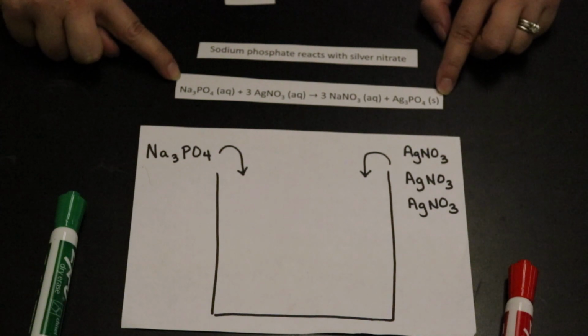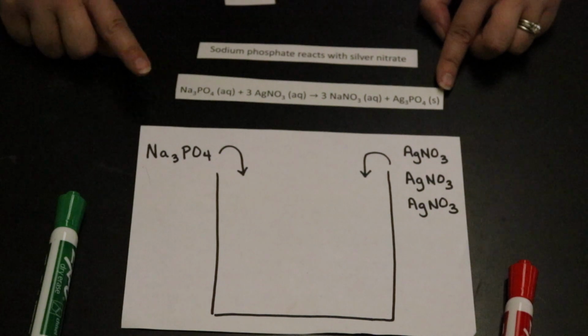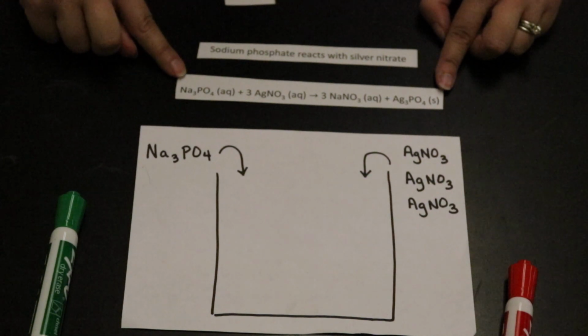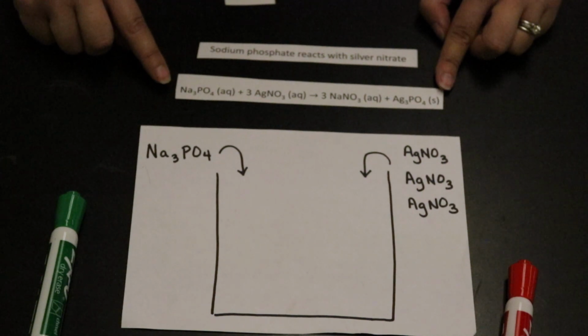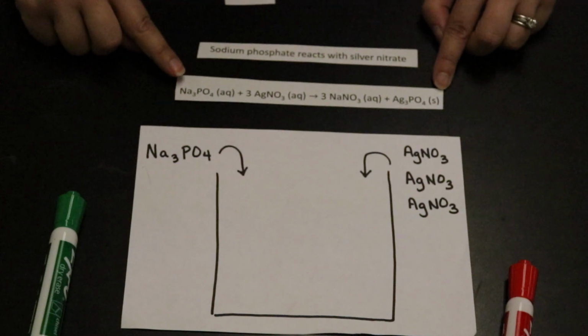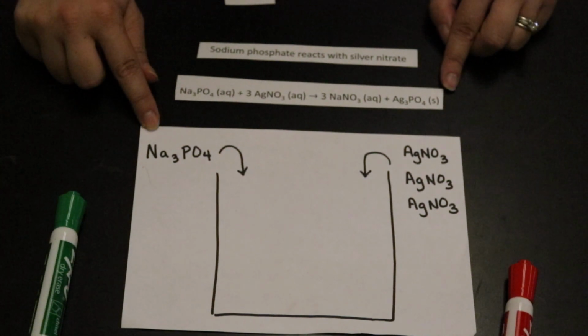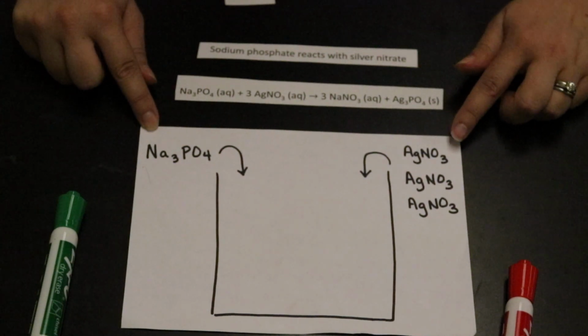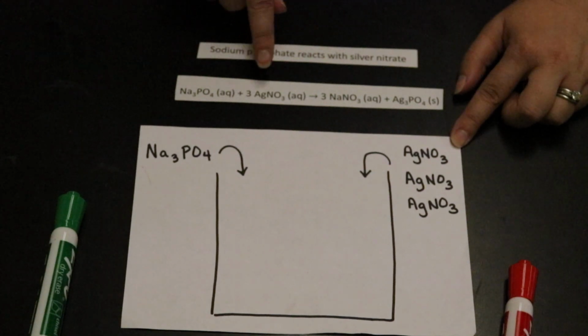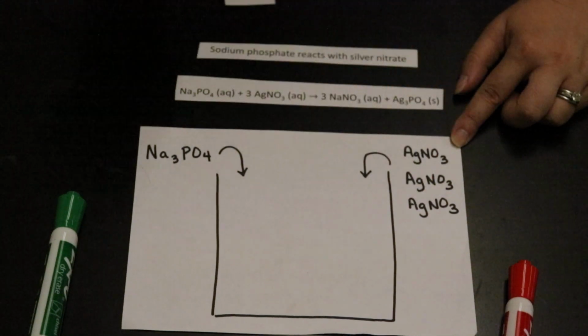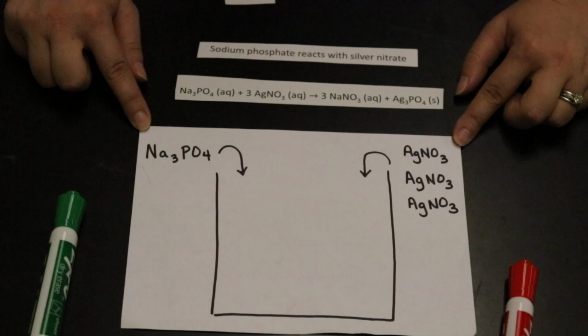Even though we write our equation this way, this really doesn't show us what is happening when we combine these substances together. And so that's what I'm going to be illustrating here. We have two substances that we're starting with, Na3PO4 and AgNO3, but we have three AgNO3s that we're going to be adding to our beaker.